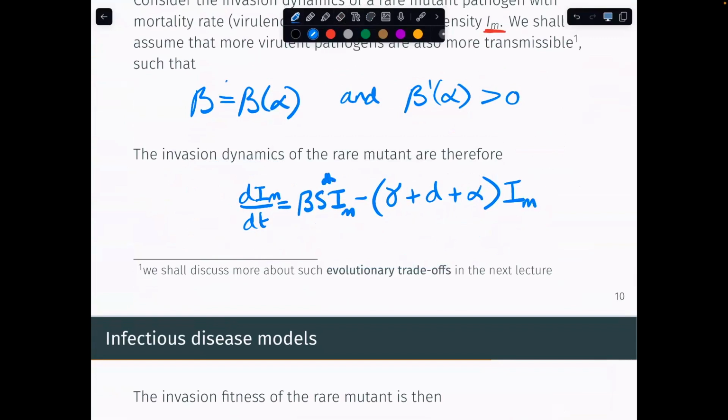We have our host population at its equilibrium, S star. We've also assumed in this particular model that there's no recovery, so I'm just going to get rid of that gamma. And then the last change here is that this pathogen has a slightly different level of virulence, alpha_M. Incidentally, this relationship between beta and alpha is an evolutionary trade-off, and we'll talk more about this on Wednesday next week as well.